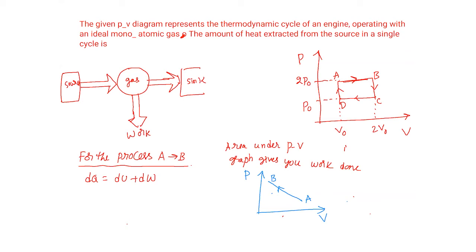Negative. So work done is negative. Why? Volume is decreasing, even though pressure is increasing. So volume is decreasing, so work done is negative. Then how do you calculate the work done? The entire area till the volume axis gives you the work done.